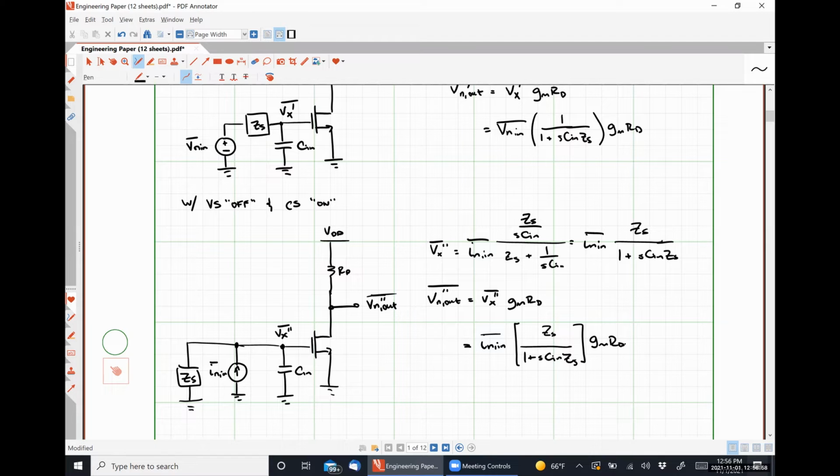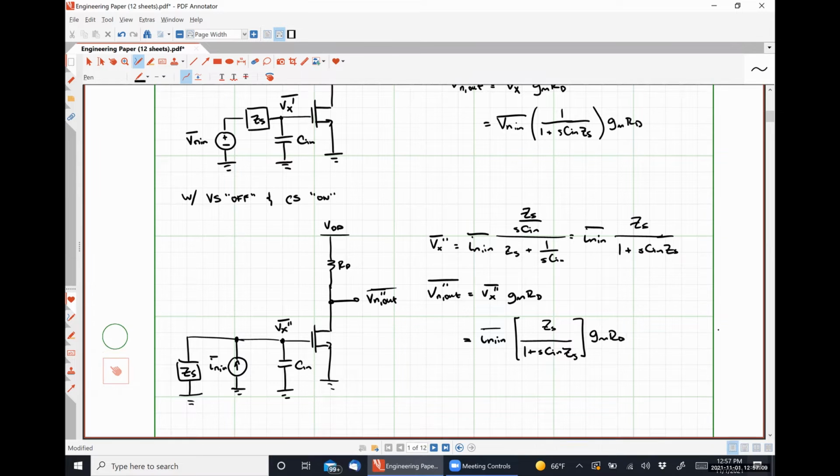So I have the contributions from the circuit operating with both sources on. So now we apply the additivity principle of superposition and add the results together, right?